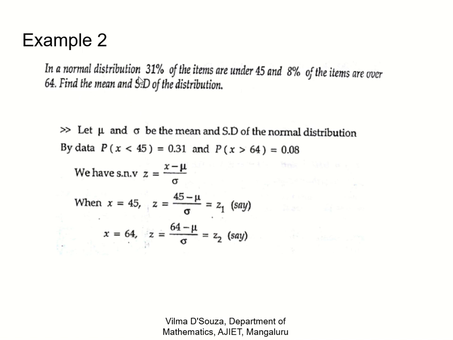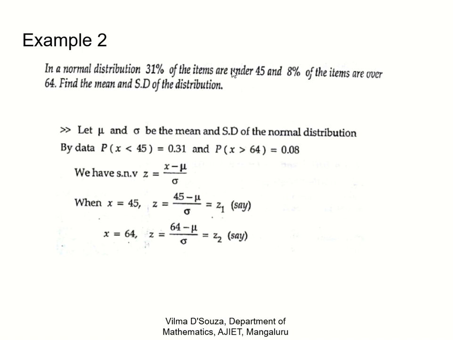Right? So what is given in the problem? 31% of the items are under 45, so P of x less than 45. 31% means the probability is 31 by 100, so it is 0.31.